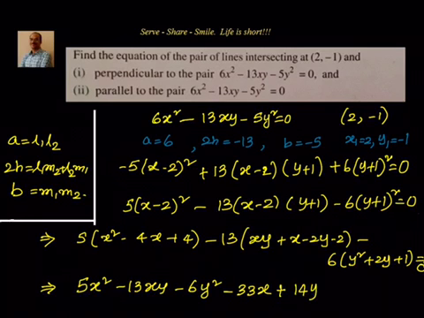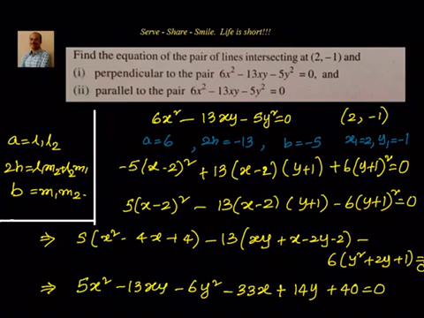Then let's go to constant terms. We have 5 4s are 20, plus 13 into 2 is 26, 20 plus 26 is 46, minus 6, that's nothing but plus 40. I skipped a couple of steps, but you should be okay with that. You can simplify that slowly within 2 steps, but the final answer will be 5x square minus 13xy minus 6y square minus 33x plus 14y plus 40 equal to 0.